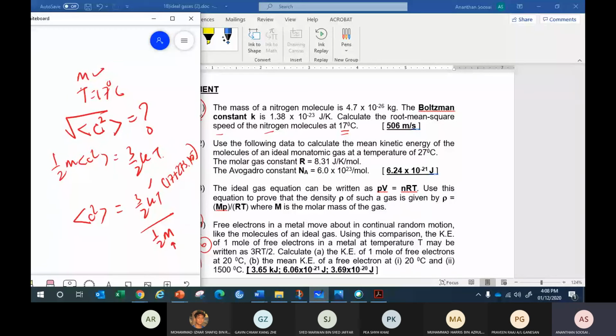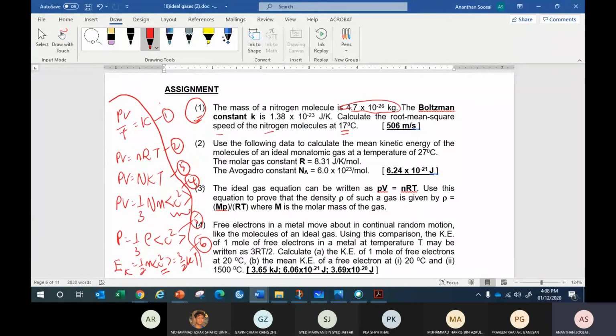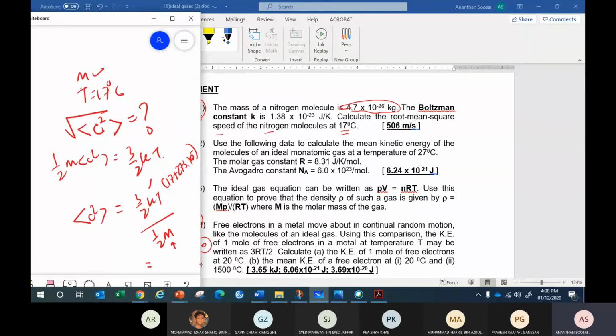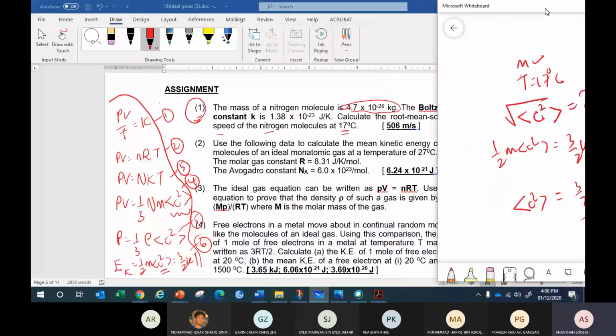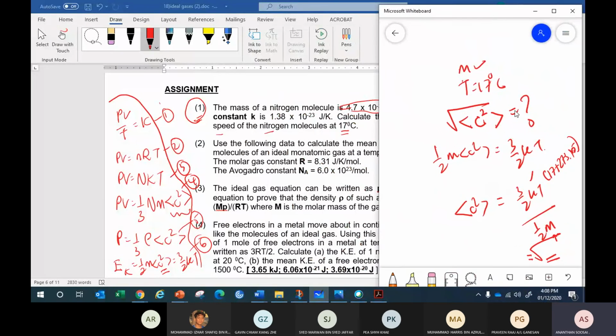The mass of nitrogen is given, 4.7 times 10 to the power negative 26 kilogram. Then you can work out the answer. Whatever answer you got here, you square root it, you get the root mean square speed. Take a piece of paper, get the working, everyone. Okay, so these are the equations. I close it.